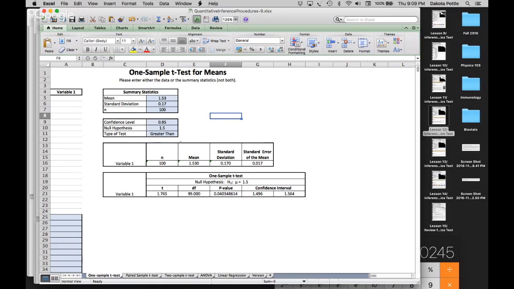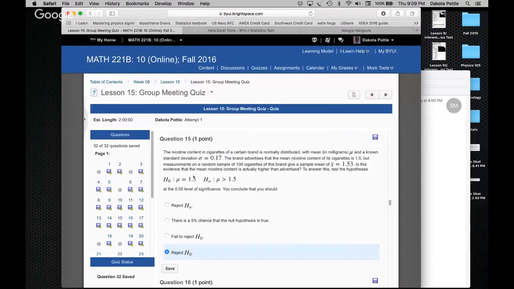Basically, right now the cigarette companies say that the nicotine value is 1.5. So that is the null hypothesis. They say this is how much is in each cigarette across the board. And the person researching says, well, I don't think it's that. I think it's greater than 1.5.